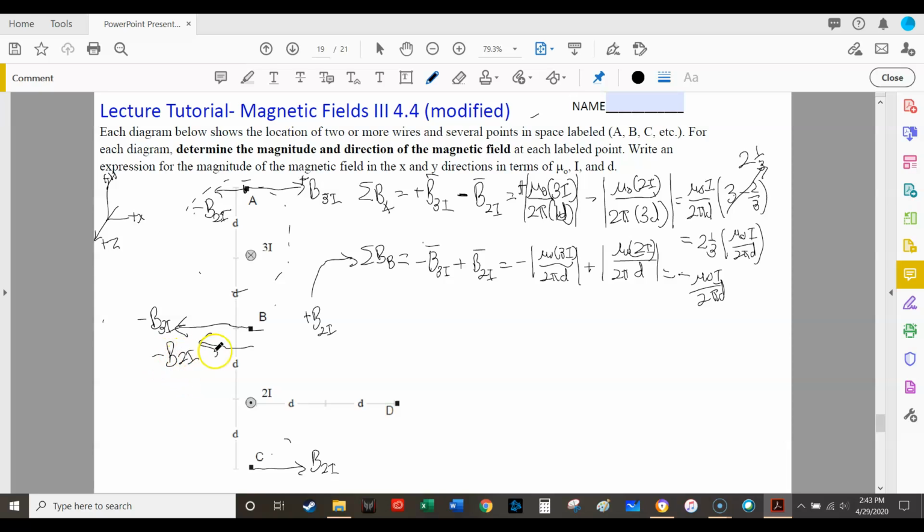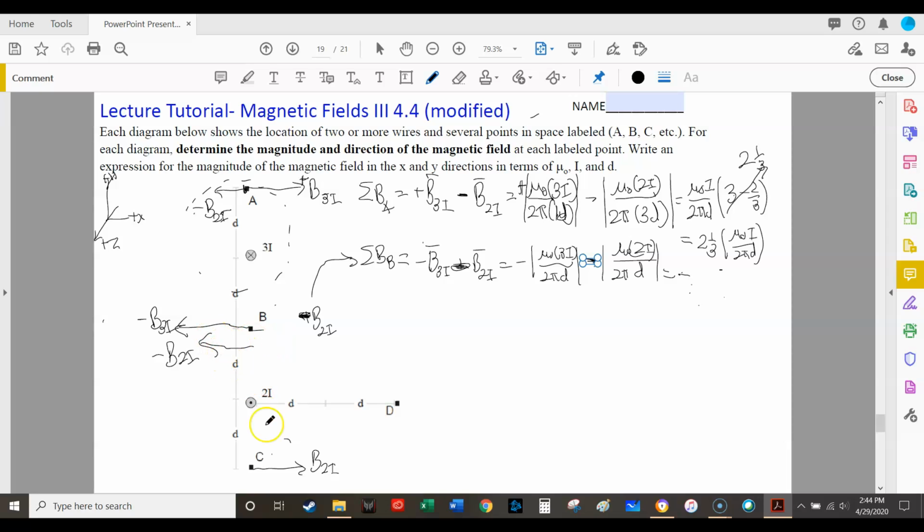I love it when I make mistakes. When I point my thumb out of the page above it, this guy should be pointed in the negative direction, which means this should be negative, which means, wow, I can't believe I did that. That's fantastic. I'm going to keep that in there. So this should also be negative.